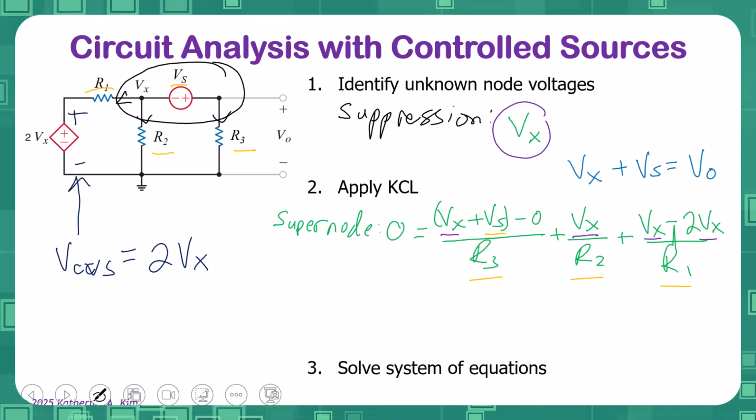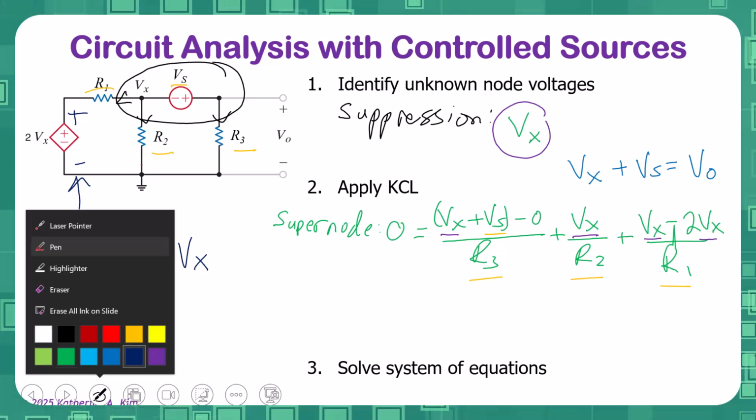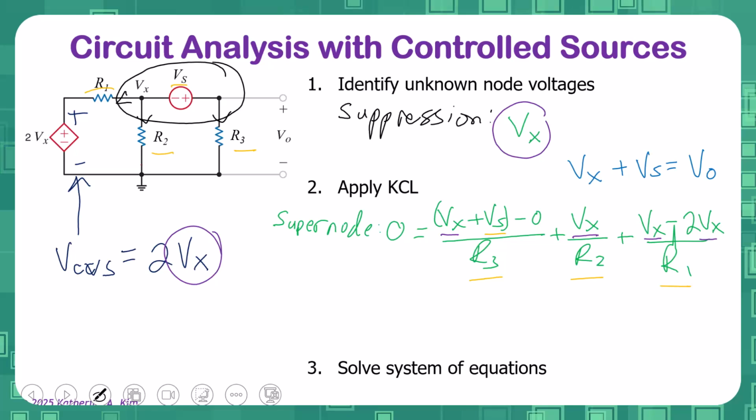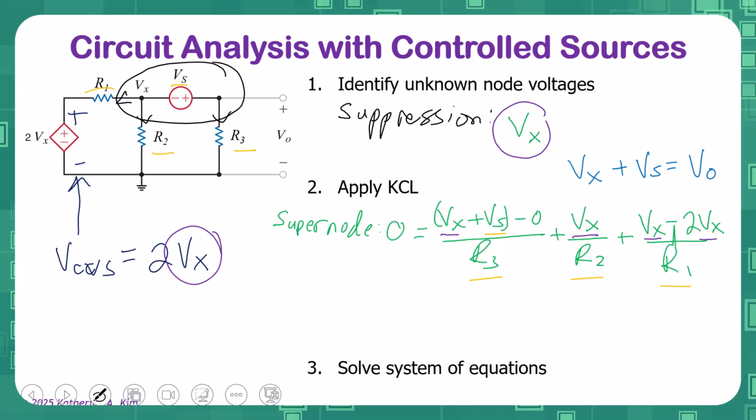That was already in terms of our dependent variable here, Vx, and so when we directly substituted in, we got very lucky. So this happens to be in a very nice form. So we have one dependent variable, Vx, and then one supernode equation in terms of just one unknown.